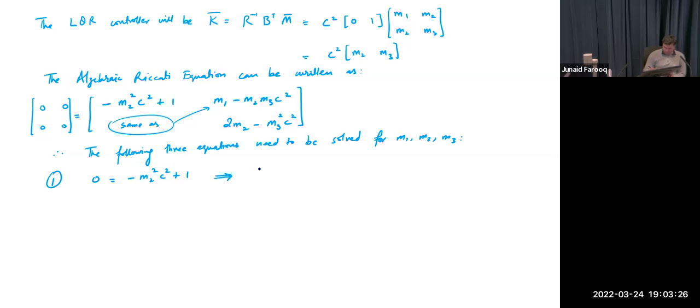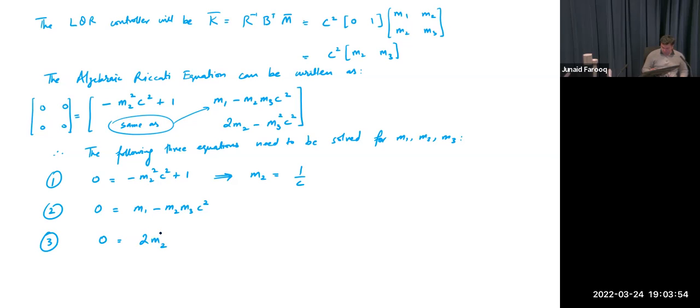And this directly gives you the value of m2, which is 1 over c, considering the positive root only. The second equation is 0 equals m1 minus m2 m3 c squared. Luckily, again, we do not need m1, so we can get rid of it.